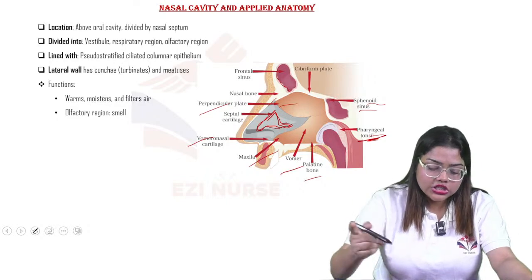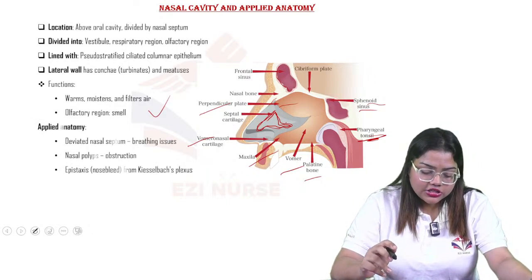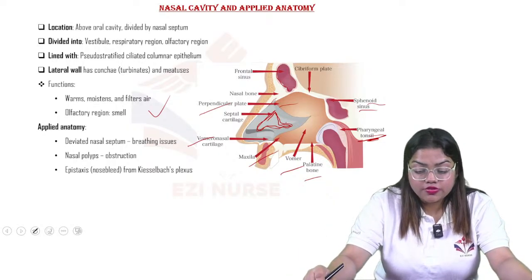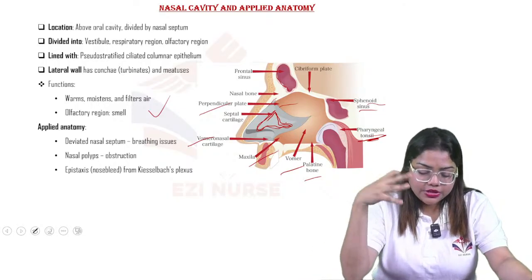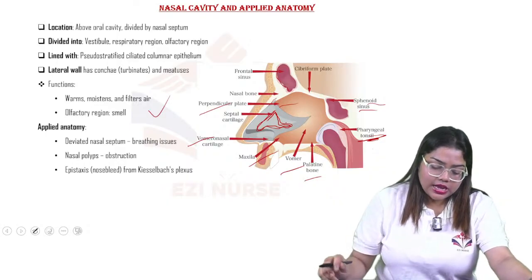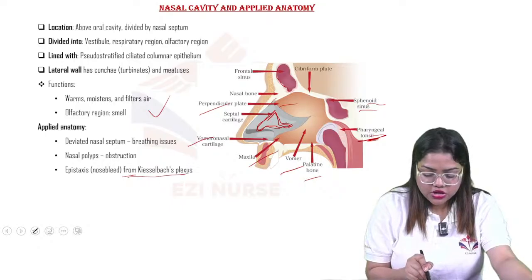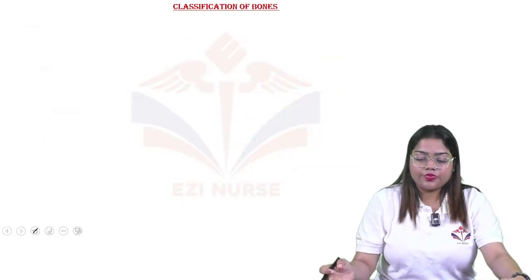It warms, moistens, and filters the air. The olfactory region helps with smelling. What is the applied anatomy of the nasal cavity? It relates to deviated nasal septum, breathing issues, nasal polyps, obstruction, and epistaxis from Kiesselbach's plexus, or nosebleed, as you can also say.